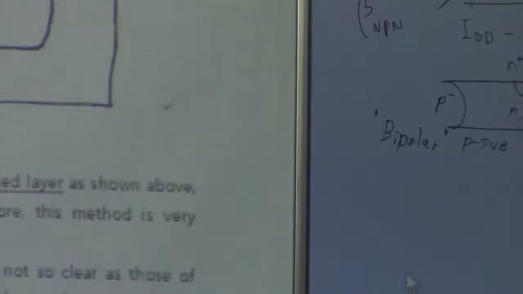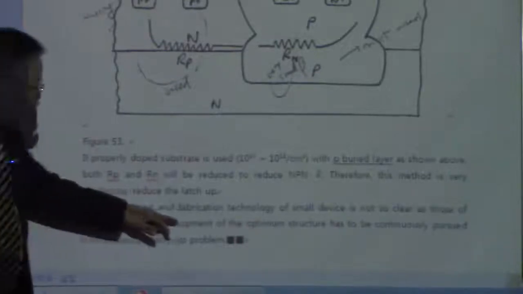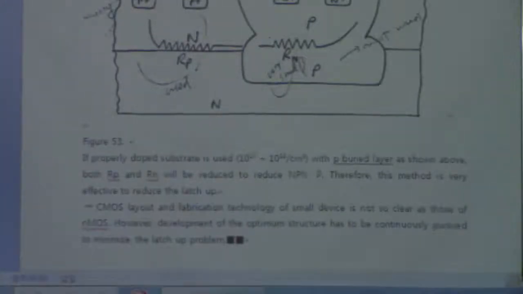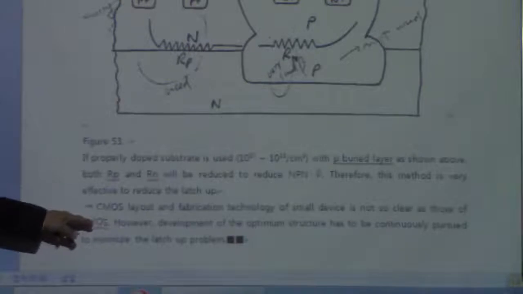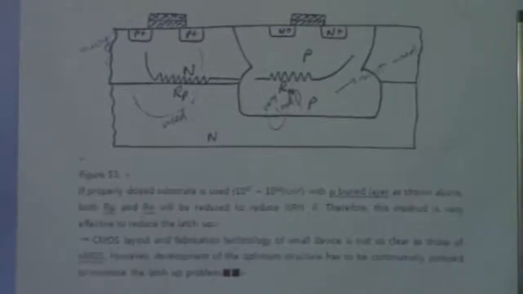But as a whole, we have to do something about this. We cannot use just the plain CMOS structure. We cannot entirely prevent the latch-up process, but we can minimize latch-up in this way. CMOS layout and fabrication technology for small devices is not as clear as for NMOS. In the NMOS case, you just follow the scaling law, but in the CMOS case, we have to think of this latch-up process as well.